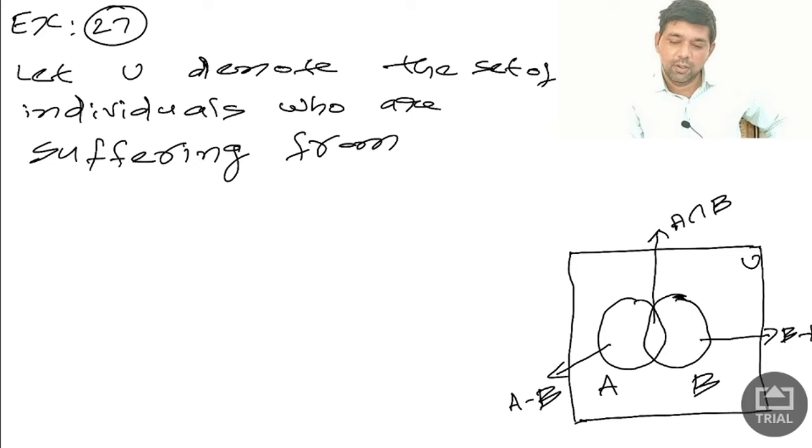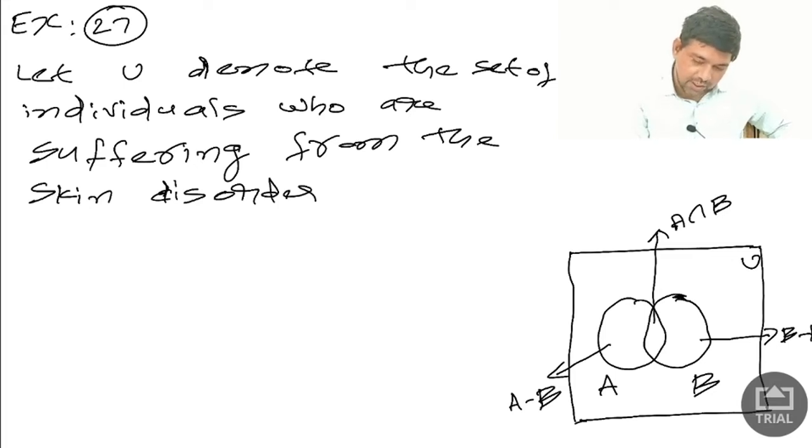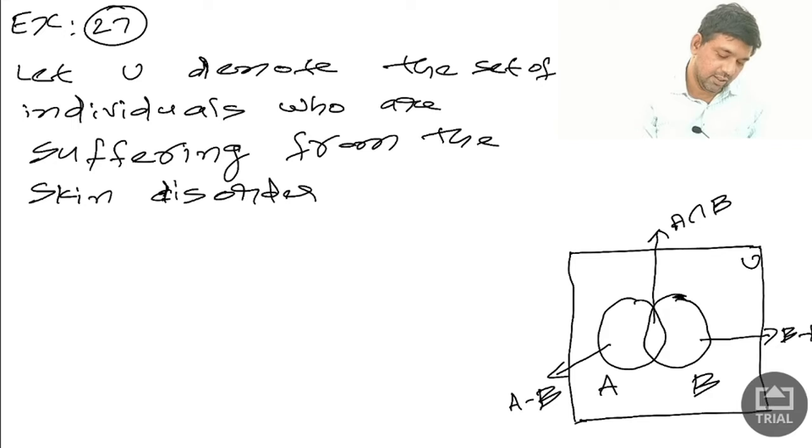Here there are two chemicals, no? This universal set U, which I am showing in the Venn diagram, this total set I have taken as U. So this set contains what? All the people. U denotes the set which contains all the people who suffered from any one of the skin disorders.